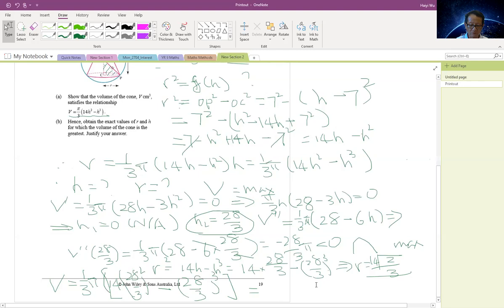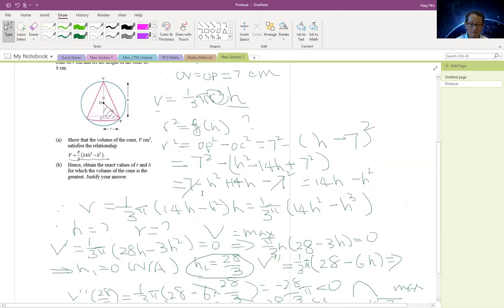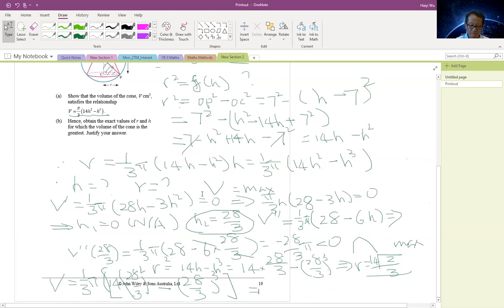Actually, we might use the other formula: 1/3 of pi r squared, where r squared is (14 square root 2 divided by 3) squared, times h.